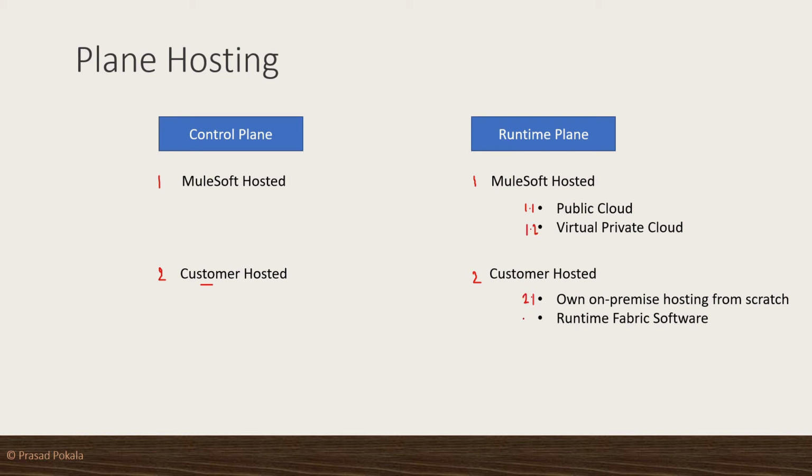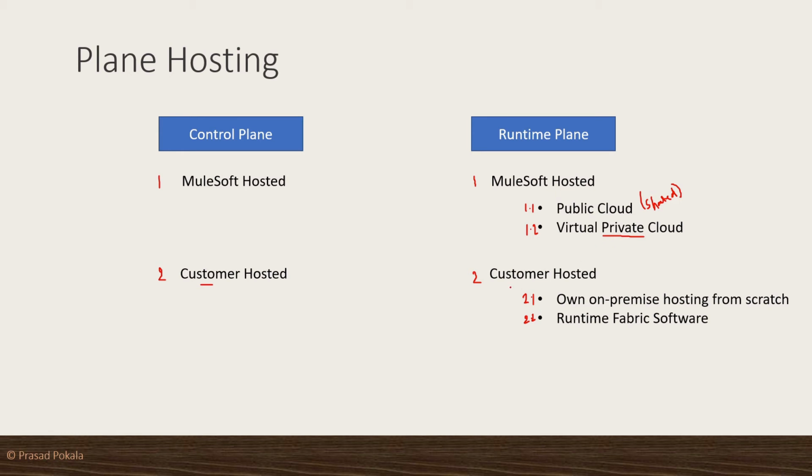In MuleSoft hosted runtime planes, you can have a public cloud one, meaning your runtimes are shared among other clients and other tenants, and there is an AWS VPC implementation you can do with the MuleSoft hosted runtime plane with the help of the Anypoint VPC. Okay, so it will be your own private cloud, private network within the MuleSoft hosted runtime plane.